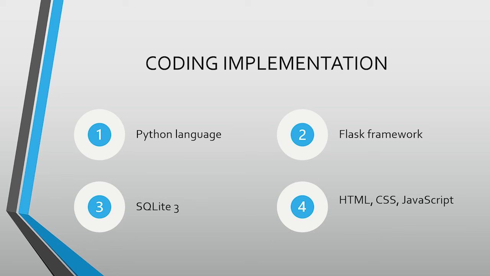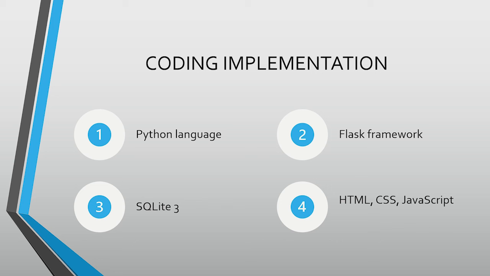The Flask framework is easy to handle, especially in terms of routing. Python has a big library, and SQLite 3 is one of the modules provided by Python. We are using SQLite 3 for our database, and for the interface, we are using HTML, CSS, and JavaScript.